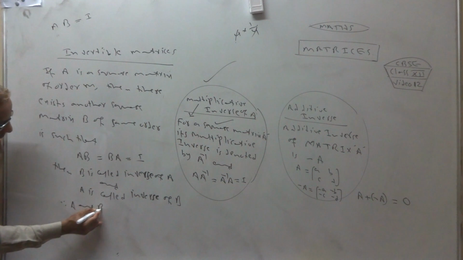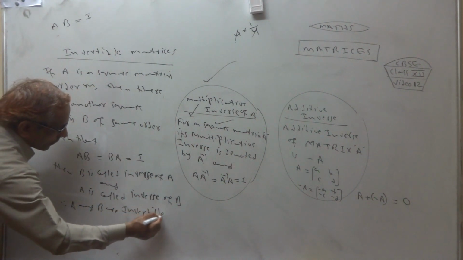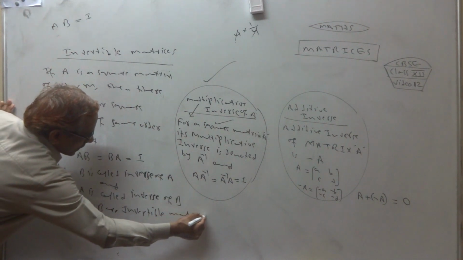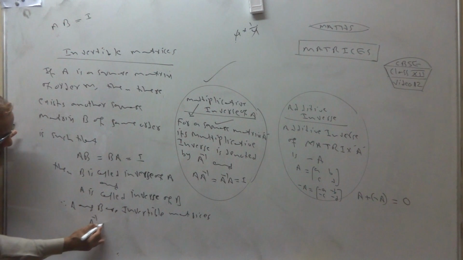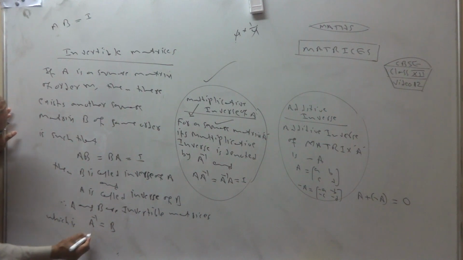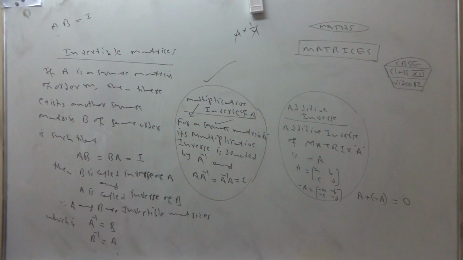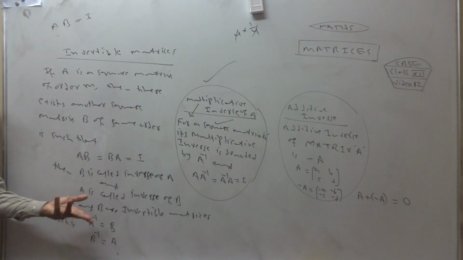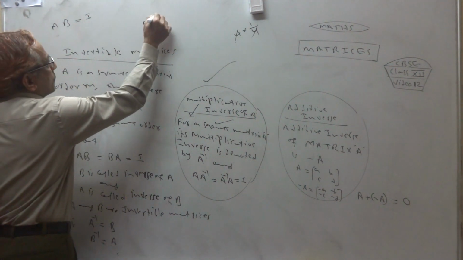Therefore, A and B are invertible matrices. It is written as inverse of A is B and inverse of B is A. So what is A's inverse? B. And what is B's inverse? A. You can take this note also.